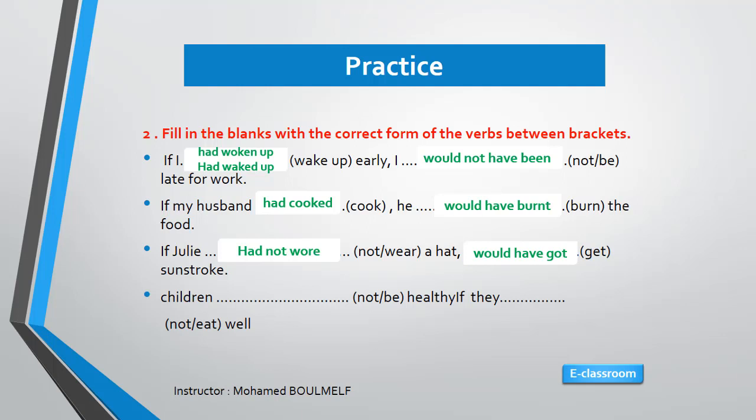Next one, children would have been healthy if they had not eaten. So here, guys, we have if in the middle. So if is usually attached with past perfect, and what comes before is would, subject plus would plus have plus past participle.